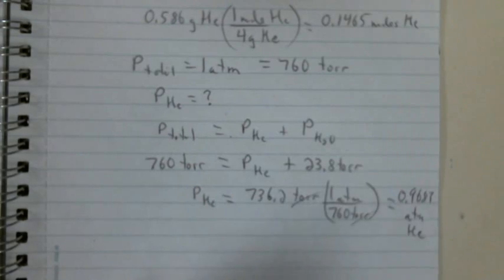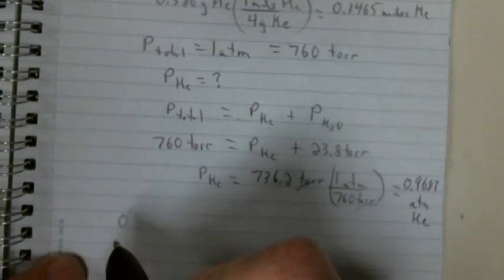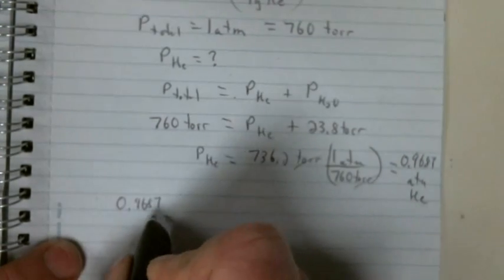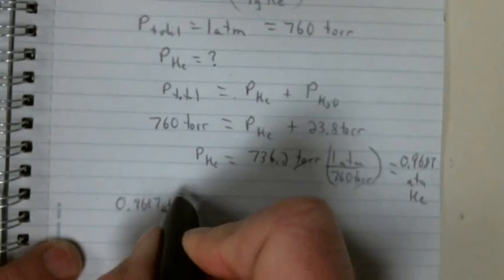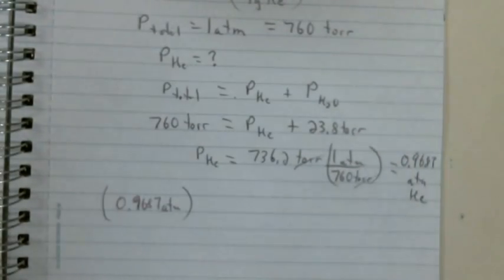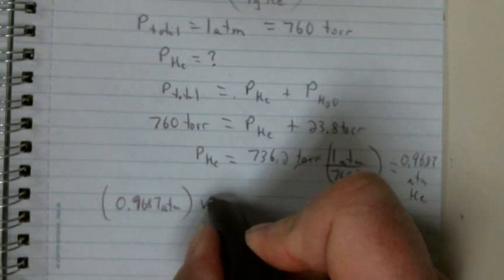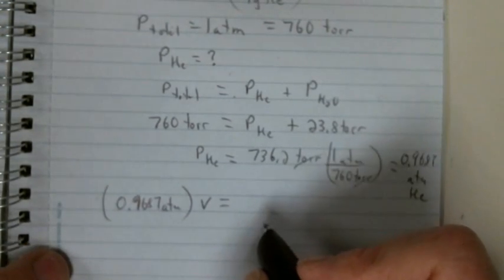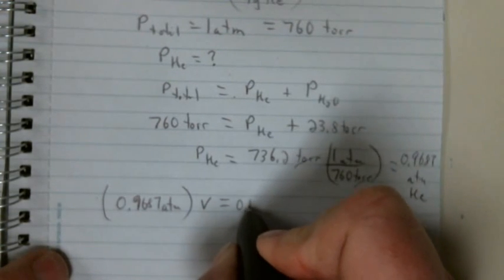All right, plugging all this into PV equals nRT. 0.9687 atmospheres. And we don't know the volume, that's what it asked for. We got the number of moles up there, 0.1465.